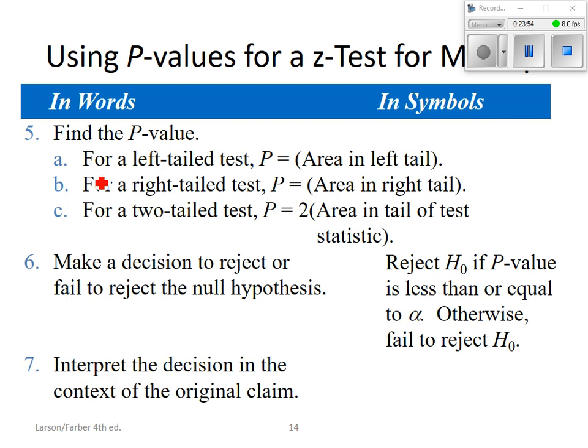The other steps, number 5, find the area. So you're gonna find the area using the chart. Number 6, just decide whether to reject or fail to reject the null.